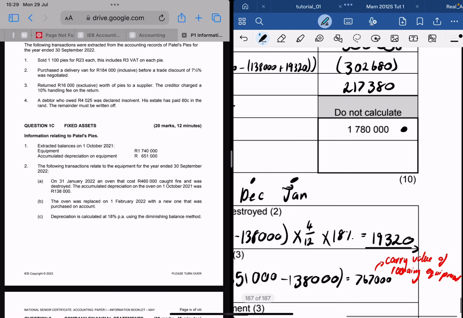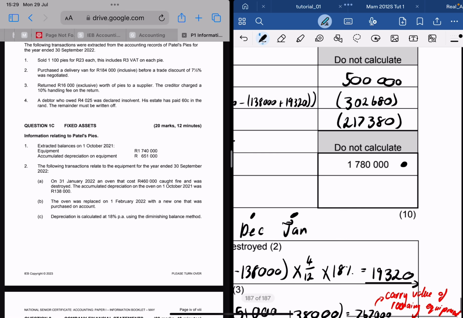And then remember, bracket, because it's what? It's reducing the value, right? It's reducing the value of our assets, so we need to put a bracket, okay?